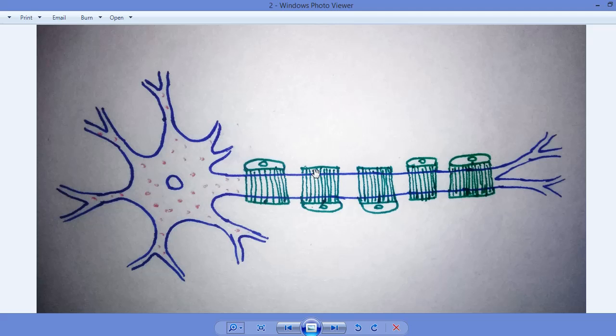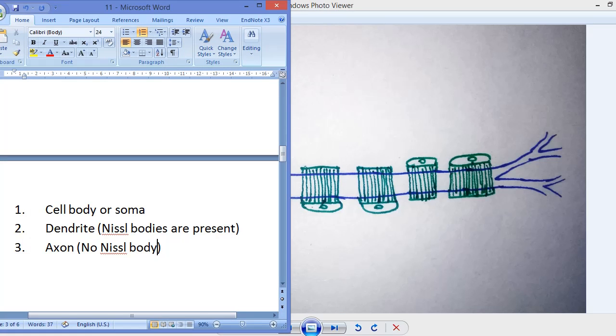So the myelin sheath is produced by the Schwann cell in the peripheral nervous system, and the area of the axon where the myelin sheath is present is called internode. This area of the axon which is enwrapped by the myelin sheath is called internode.